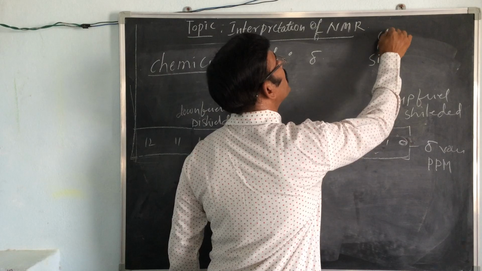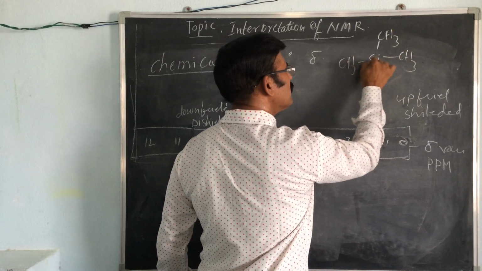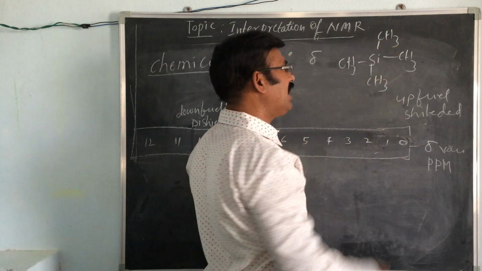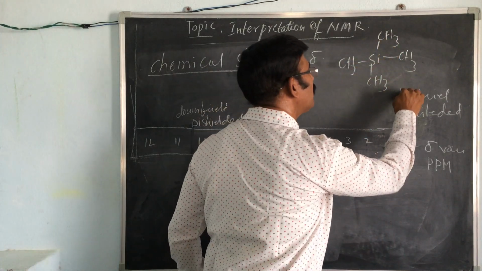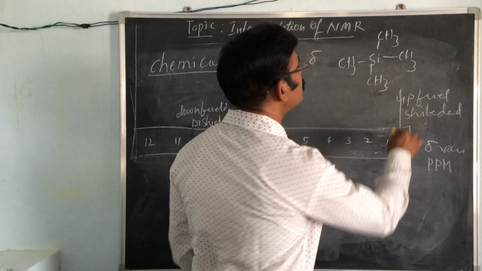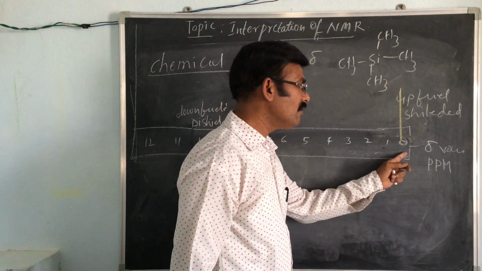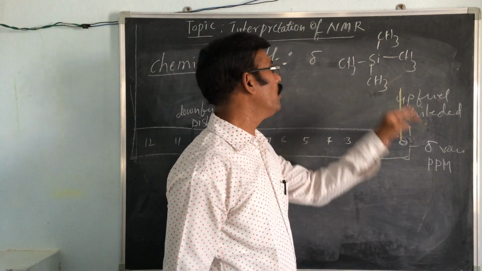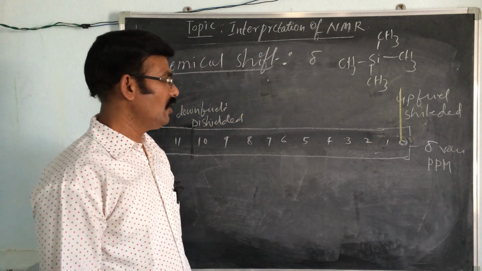Tetramethylsilane. Only one peak will come, because the environment is the same. At what position? What is the ppm value? 0. It is the reference compound for all organic compounds.